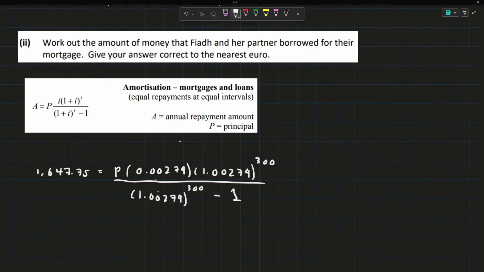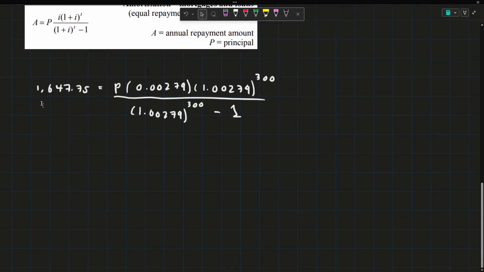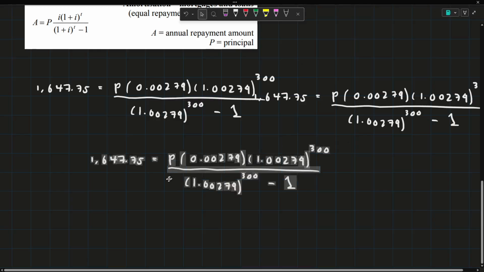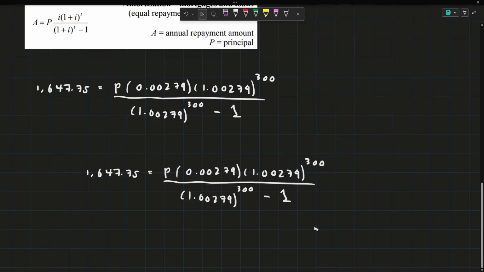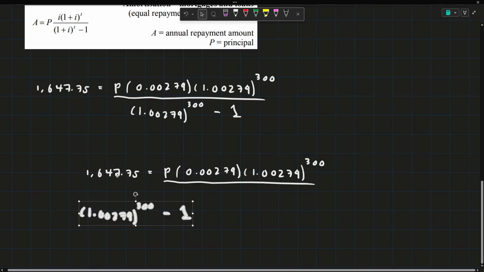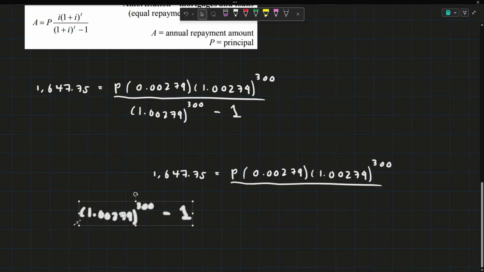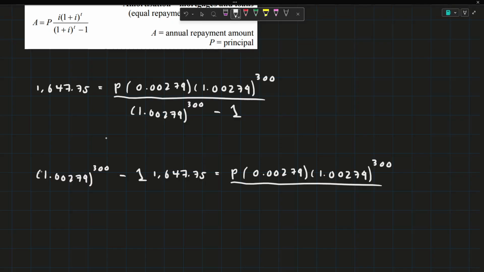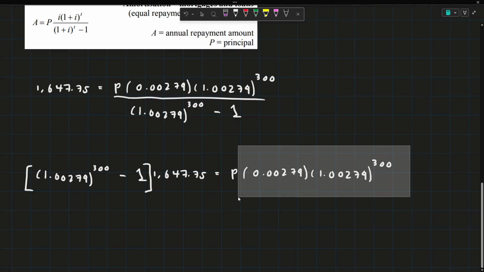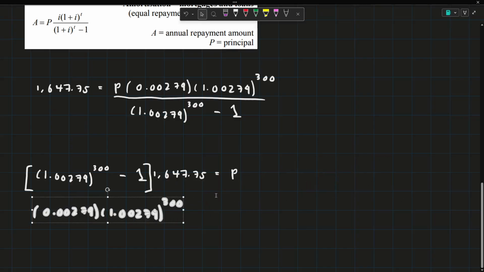Then to get P by itself, we can just rearrange. We multiply both sides by the denominator, so it cancels on this side, and on the left-hand side we're multiplied by this number. Then we divide both sides by this thing, so it cancels out on this side and comes over to the denominator on the other.